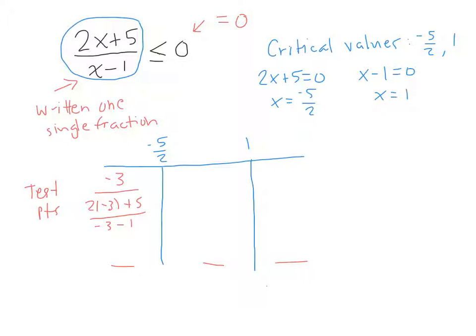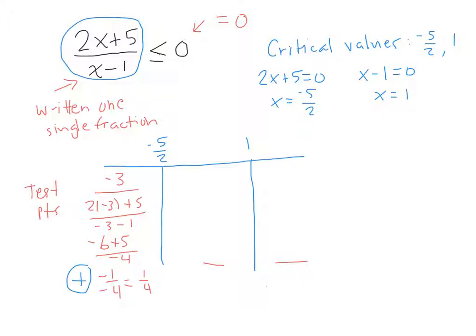That gives us negative 6 plus 5 over negative 4, so we end up with negative 1 over negative 4, which is a positive 1/4. What that means is that anywhere left of negative 5/2, we will end up with a positive value.